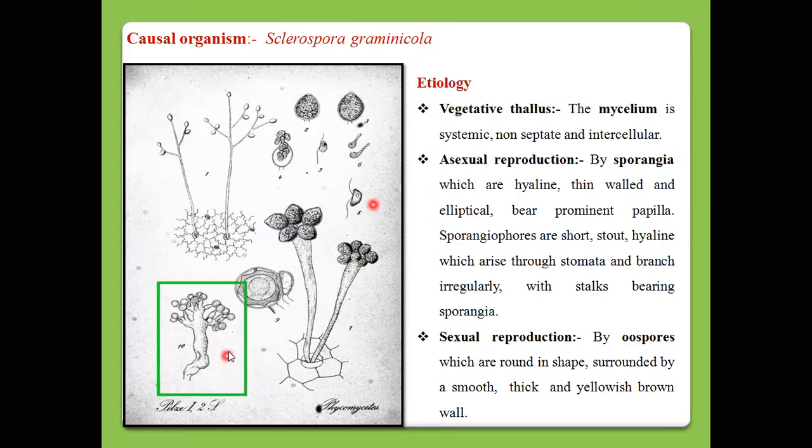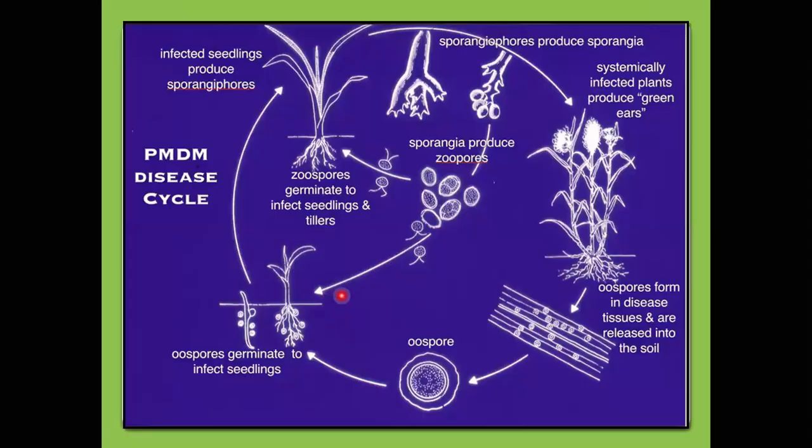This fungus develops mycelia. This mycelium is always coenocytic or non-septate and intercellular in nature. This Sclerospora fungus reproduces by two methods: one is the asexual method and the other is the sexual method.